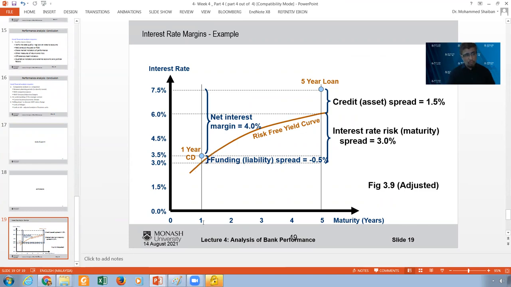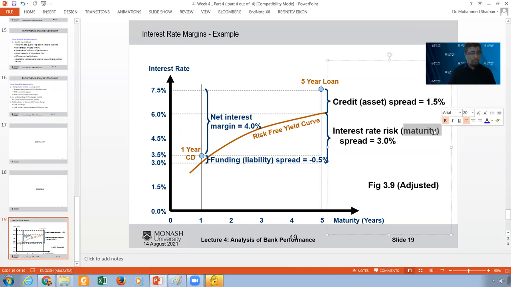If you look from year 1 to year 5, as we know in finance, when we go long run, interest rates and return are higher than the short term because of the liquidity preferences and because of what we call maturity risk.